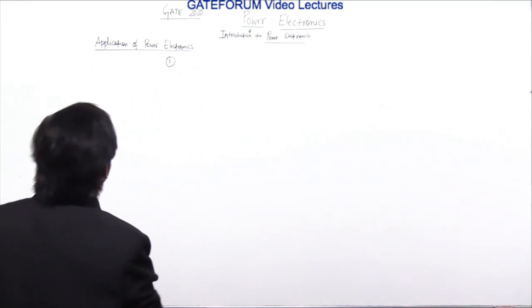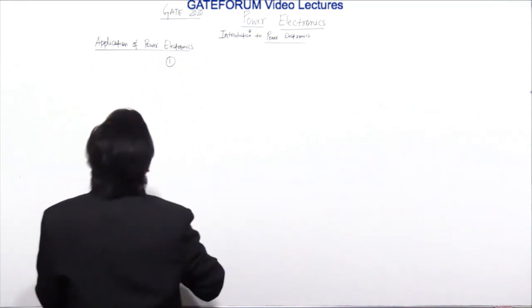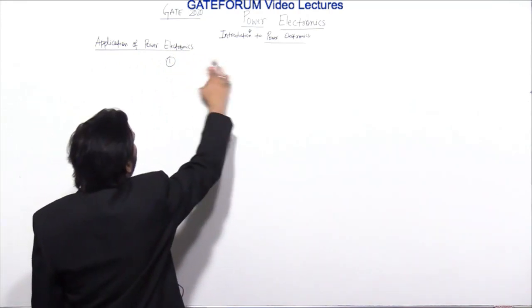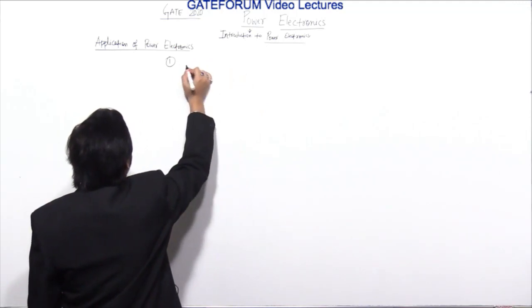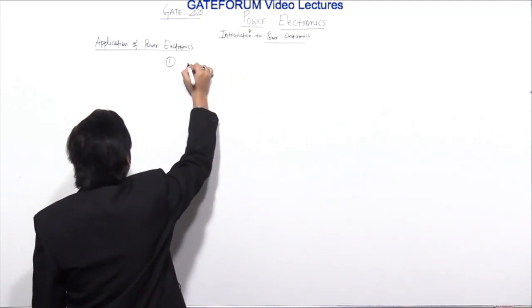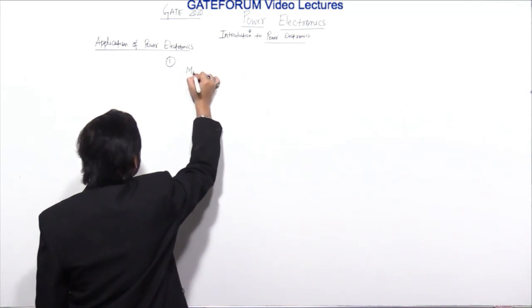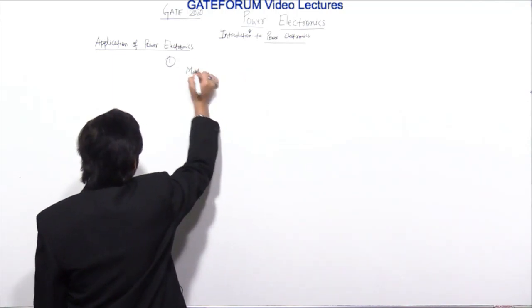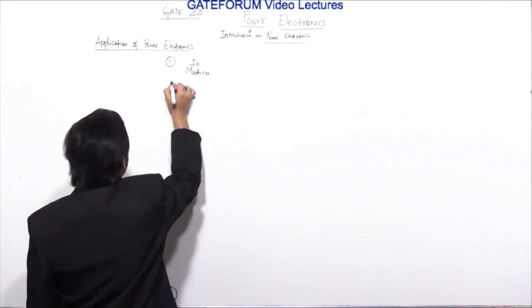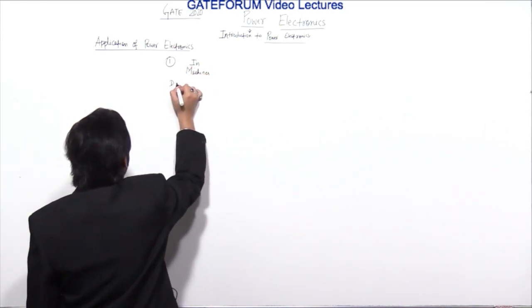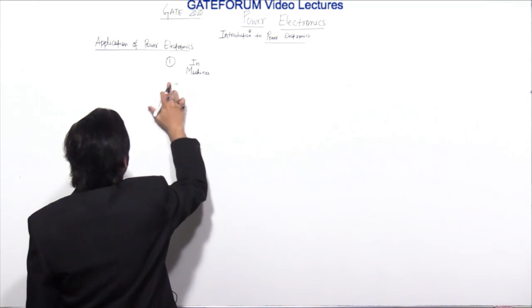Now if you see the applications of Powertronics, first let us see the applications in machines. In machines you have speed control.